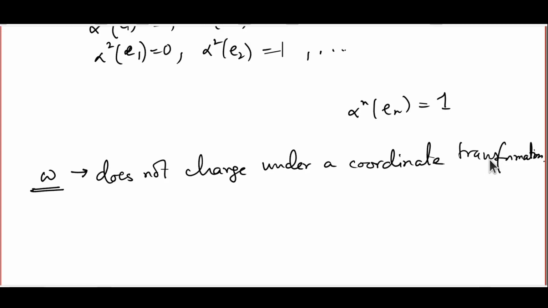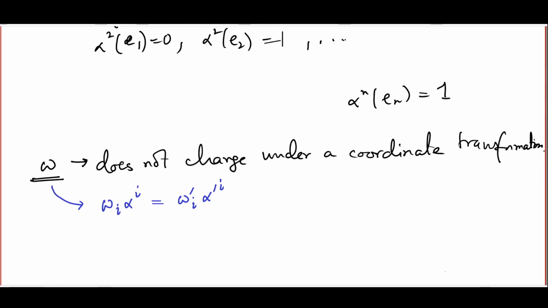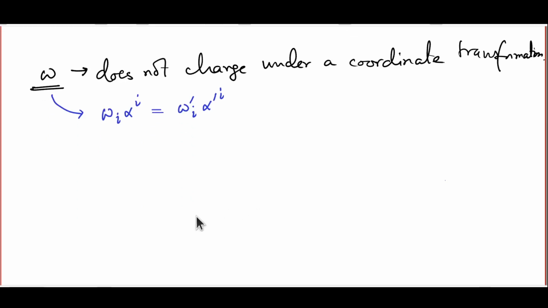But if omega does not change, then we must have omega_i alpha^i equals omega'_i alpha'^i. This is nothing but the statement that the covector omega is the same in both the frames. It's only the components which change. Now we know that omega'_i is related to the older covector components simply by this relation.